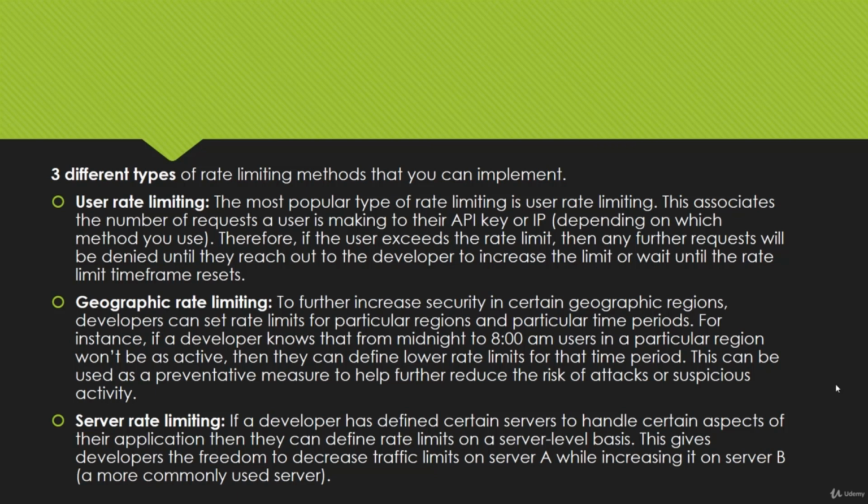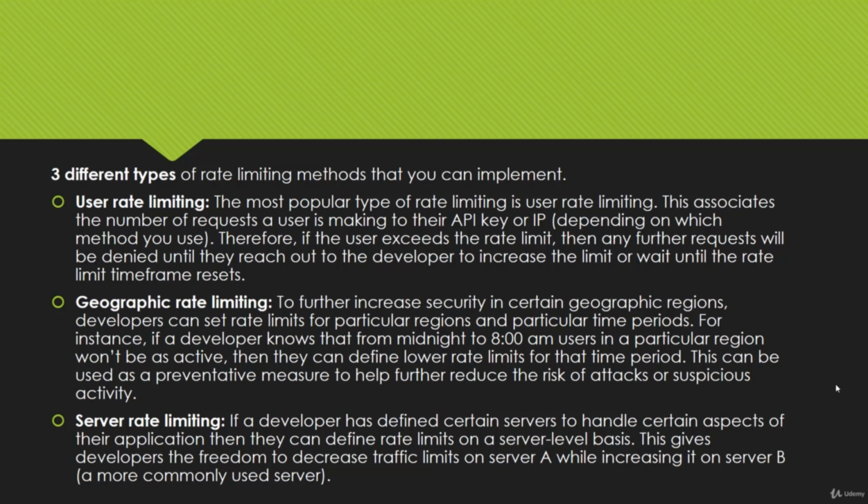After that, we have geographic rate limiting. To further increase security in certain regions, developers can set rate limits for particular regions and particular time periods. For instance, if a developer knows that from midnight to 8 AM in the morning, users in a particular region won't be so active, then they can define lower rate limits for that time period.